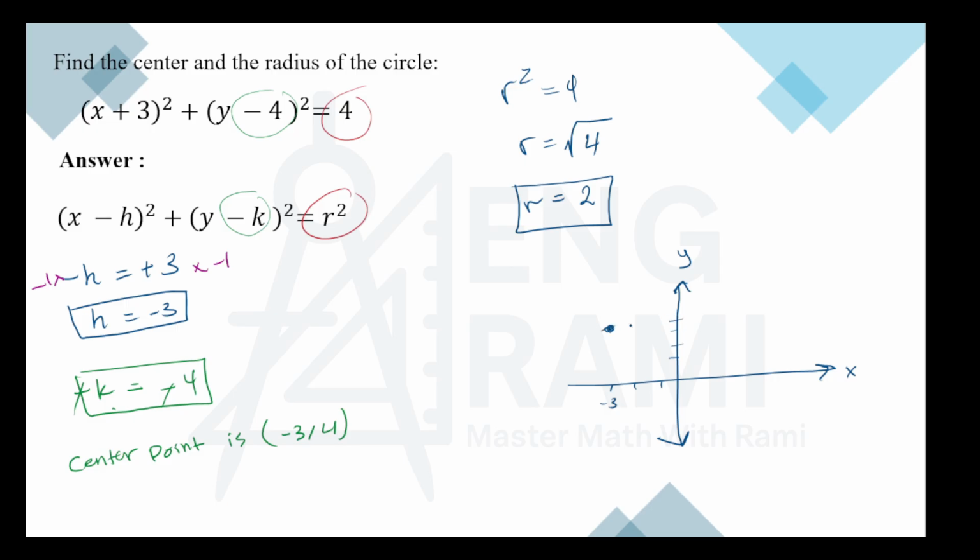Then this is the center point, and a radius of 2, for example, will be in this shape almost. Here is the center point, negative 3, 4, and the radius length is 2 units.